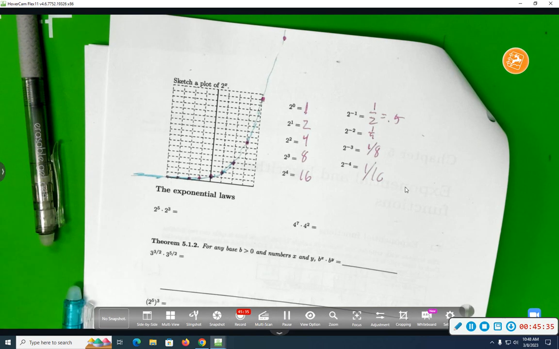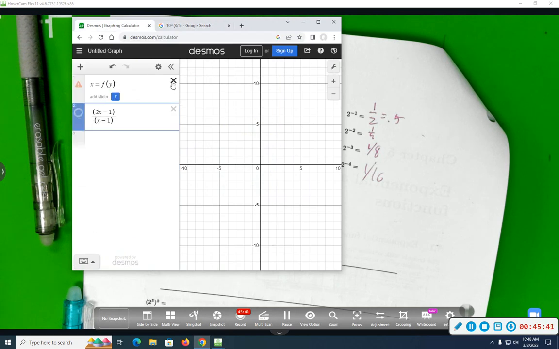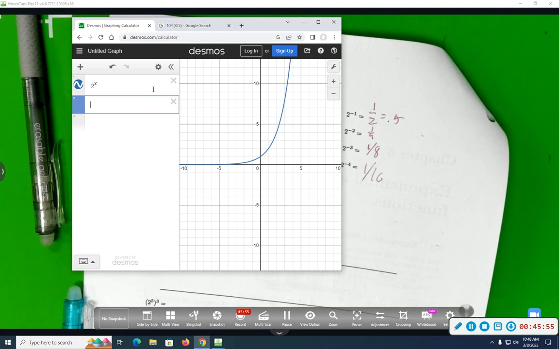Maybe to get a quick check, let's have a computer do the same. So there's the graph of 2 to the x. Does that look about like what we just sketched? Qualitatively.